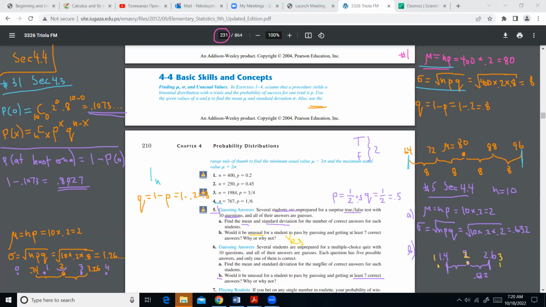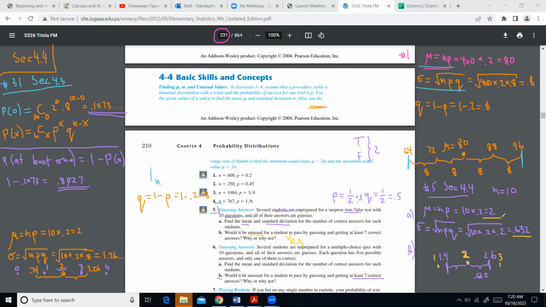Because what we expect is 2, or maybe 3 if you're lucky, maybe 4, but definitely not 7. 7 is way too far from this ballpark, which is based on your standard deviation and mean. So you can make an estimate by using these formulas.